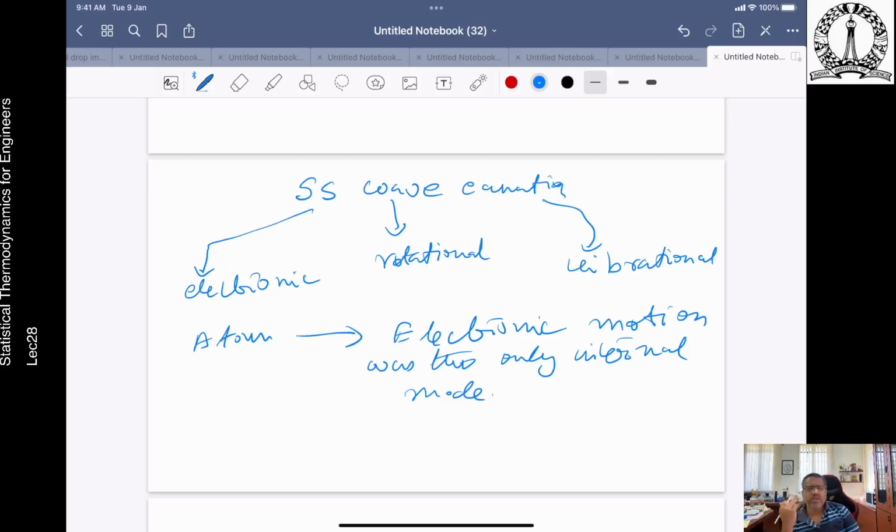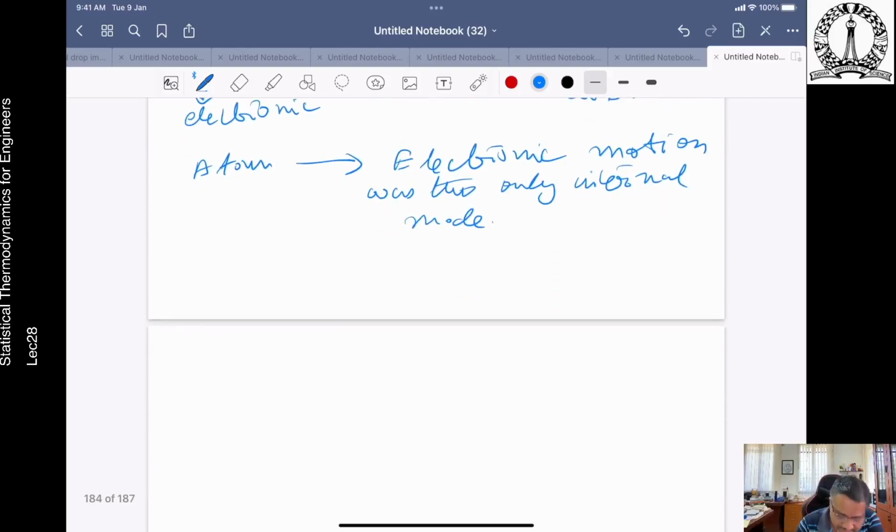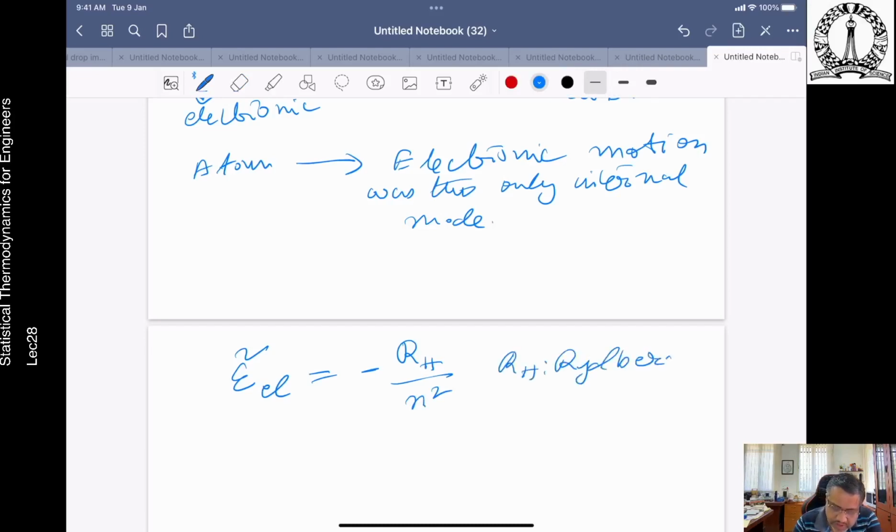So typically, energy level diagrams are constructed by setting the energy of the ground electronic state to 0. So if we consider the electronic energies for the hydrogen atom, it was like this: minus RH by n squared, where RH was the Rydberg constant, and the zero of the energy is when n is equal to 1.